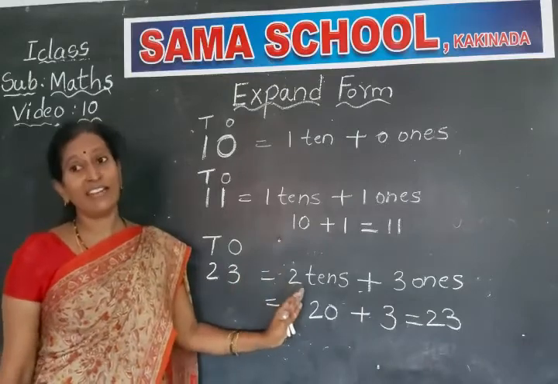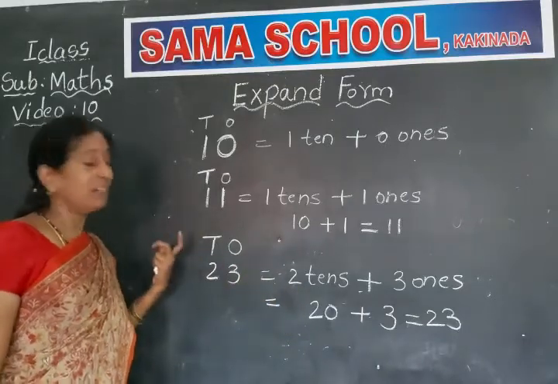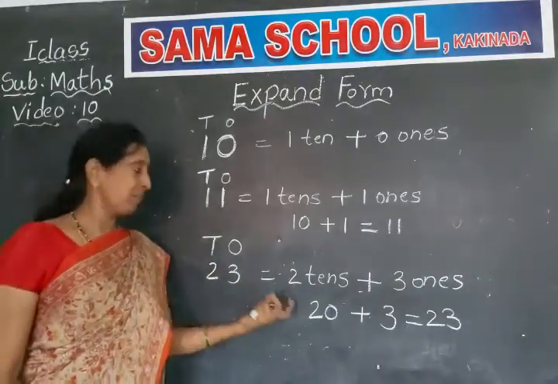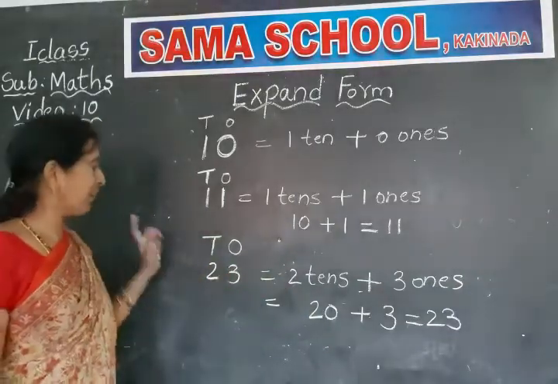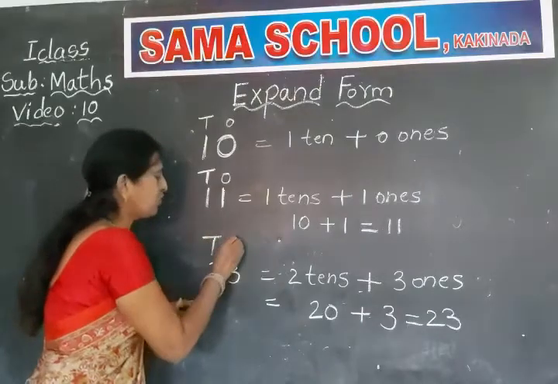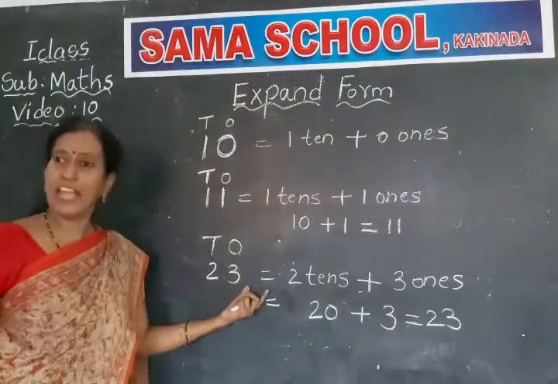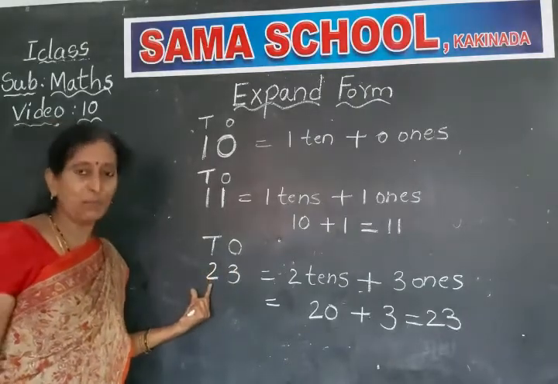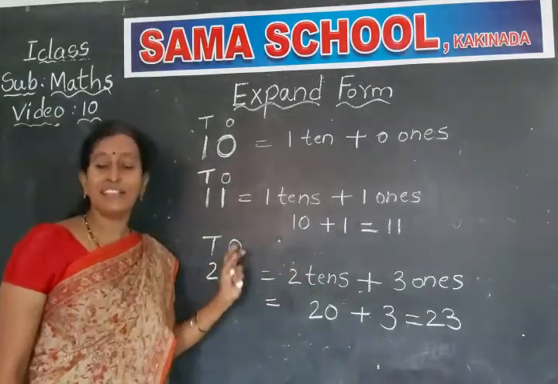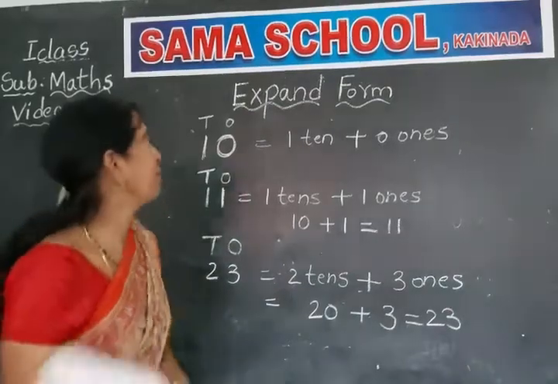After you go to the second class, then you learn about 3 digits, 4 digits like that. Now you learn only about 2 digits. Okay, now children, see here in these 2 digits you make the place values. This is ones place and this is the tens place. Like that you expand. This is the expanded form, children.